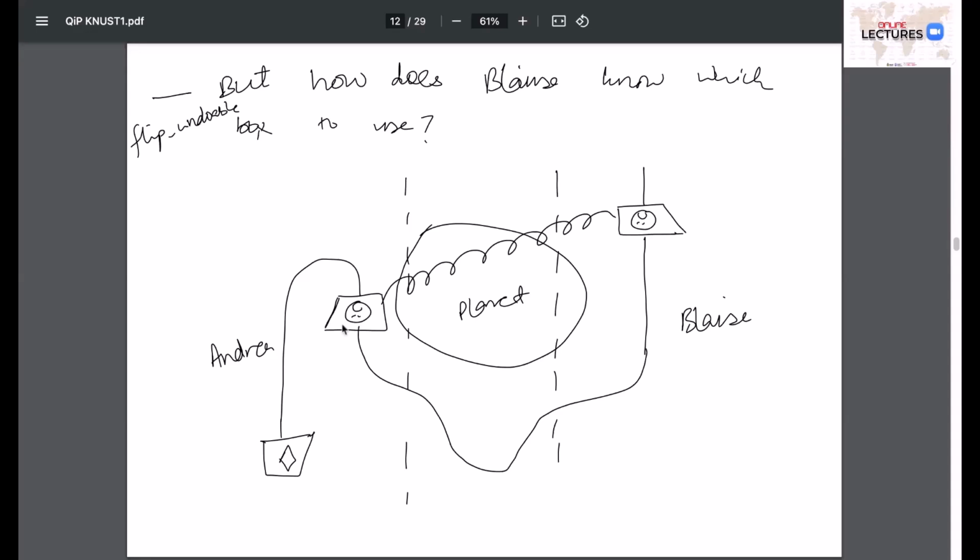Since there are four possibilities, Andrea needs to send 2 bits because, as you know, 1 bit encodes 2 possibilities, and if you have 2 bits, then you can have 4 possibilities.